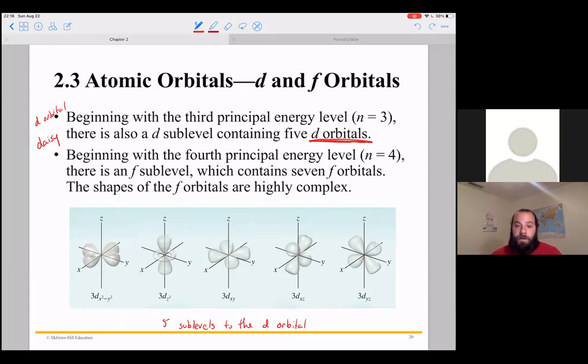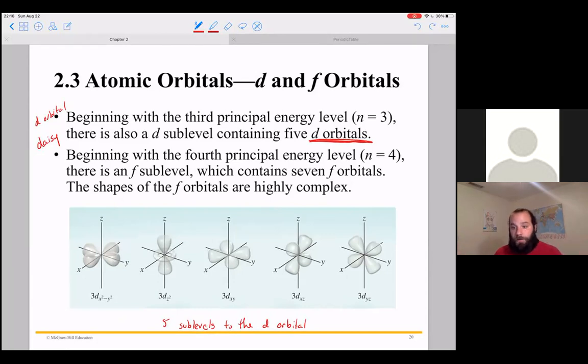So you could have an electron that's trapped in a spherical S orbital, or a peanut-shaped P orbital, or a D orbital, et cetera, et cetera. Each one of these orbitals is like a home to different electrons.